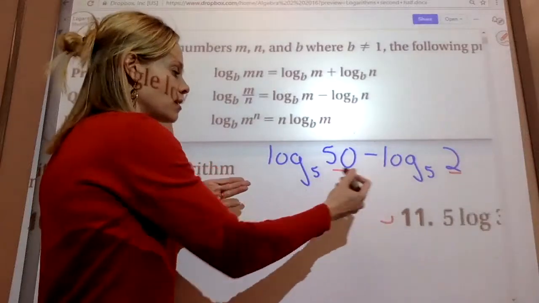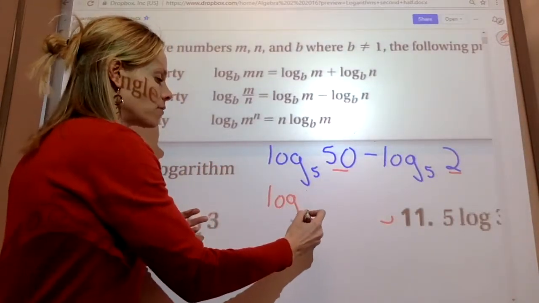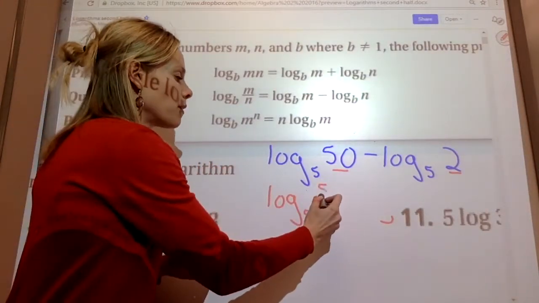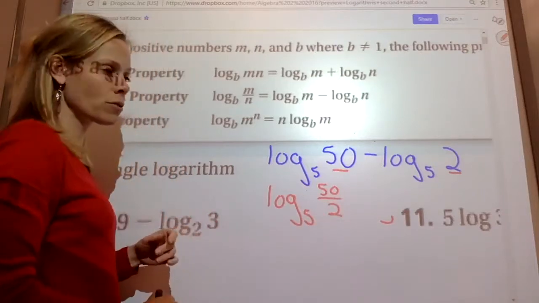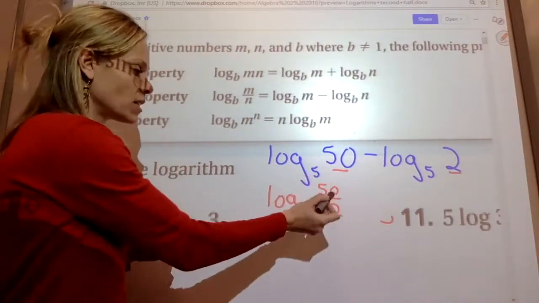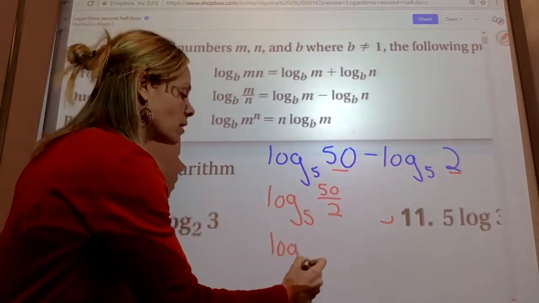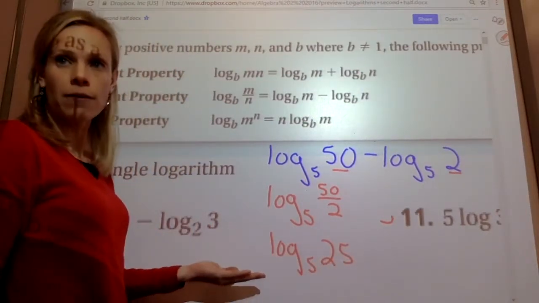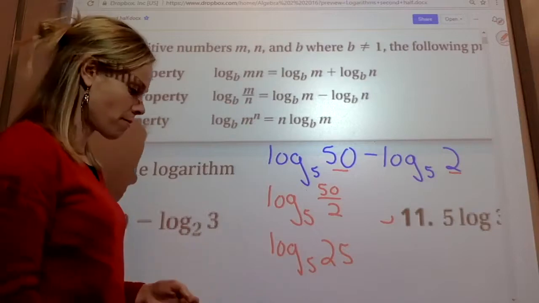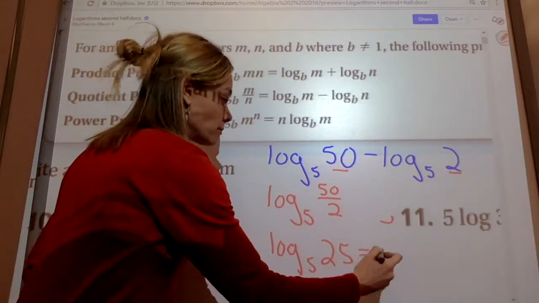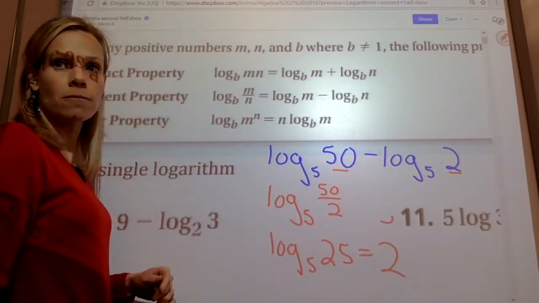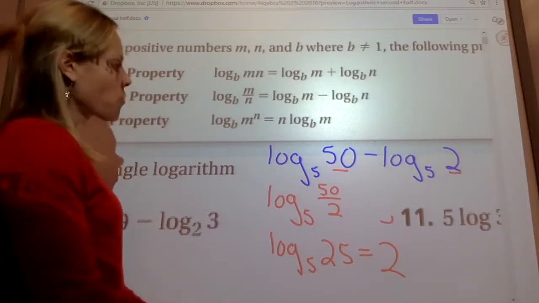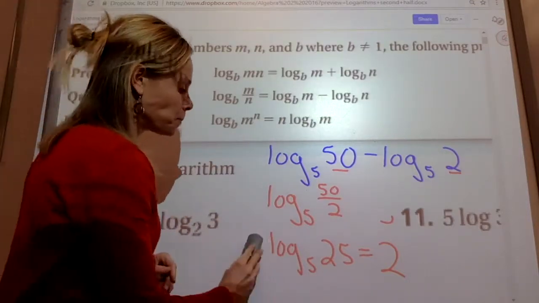So when I write this as a single log, I'd have log base 5 of 50 over 2. What is 50 divided by 2? 25. I can now solve this log. 5 to what power is 25? There's my answer.